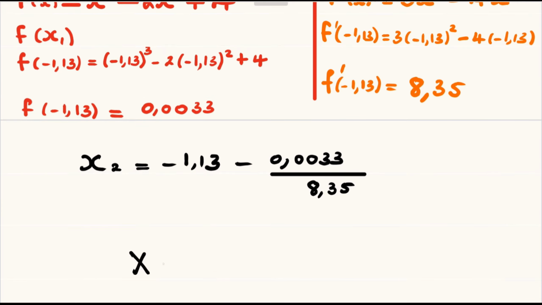And now x2 will be equal to negative 1.130, and this will be our answer.